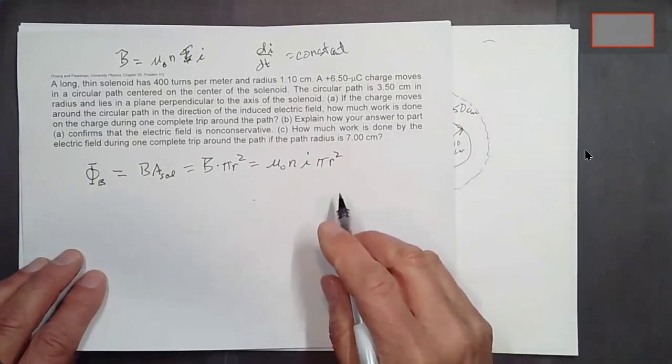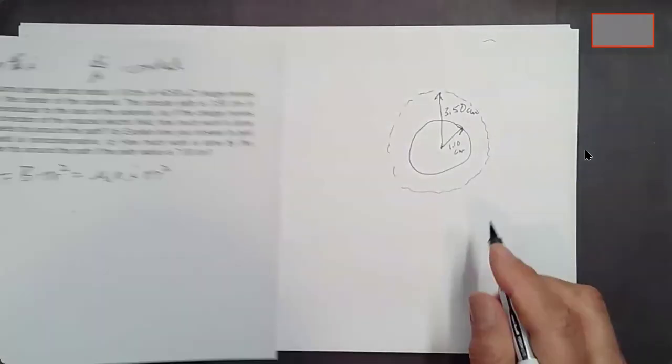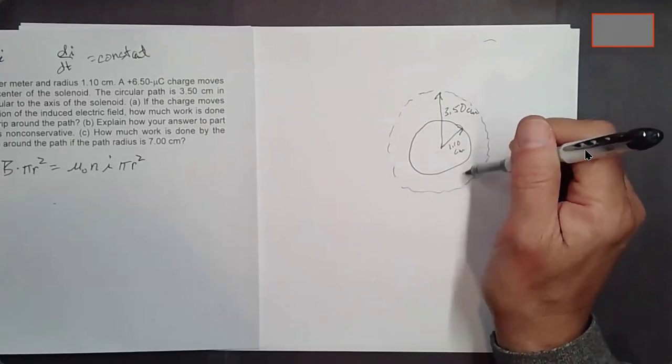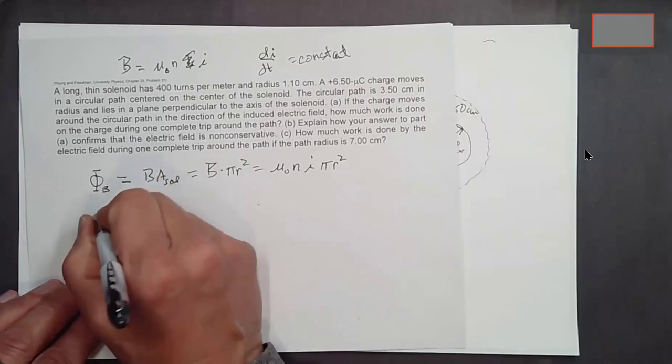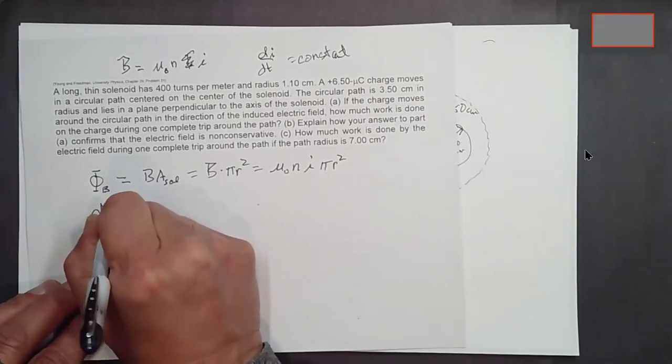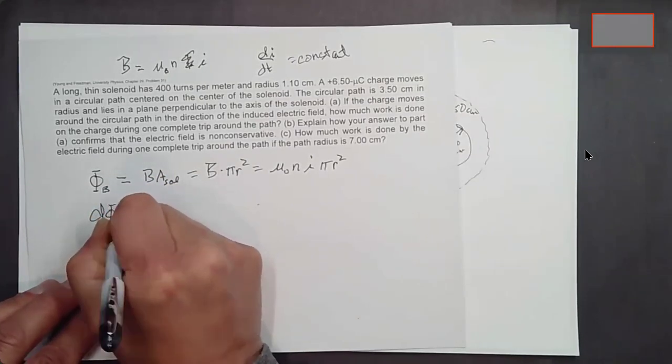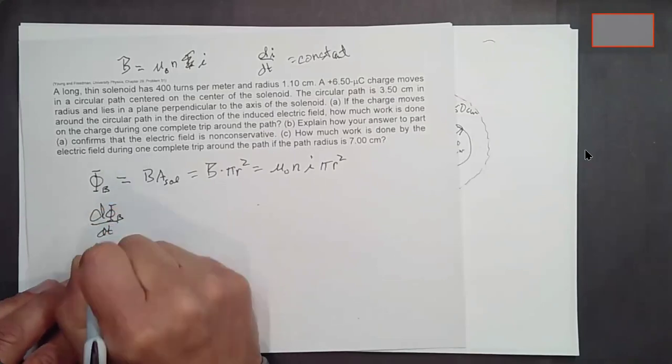And the thing we're interested in is the time rate of change of the flux of the magnetic field, d phi sub B dt.